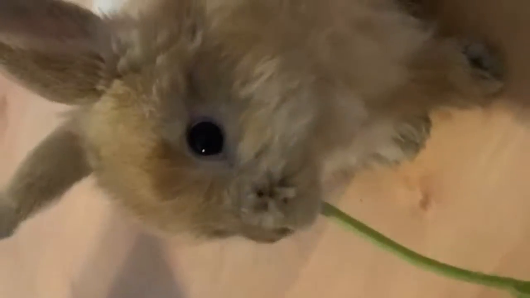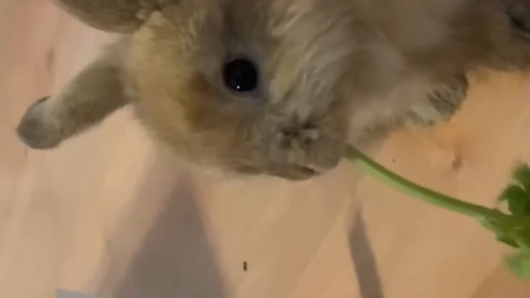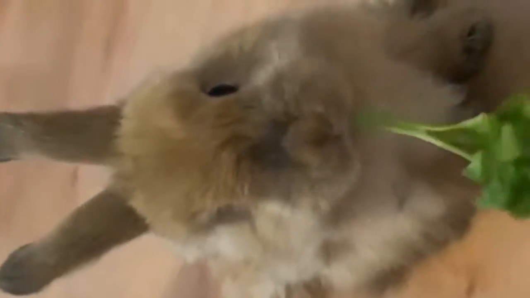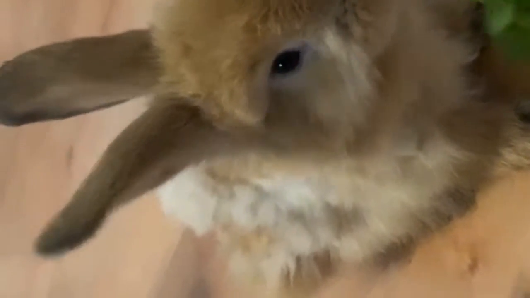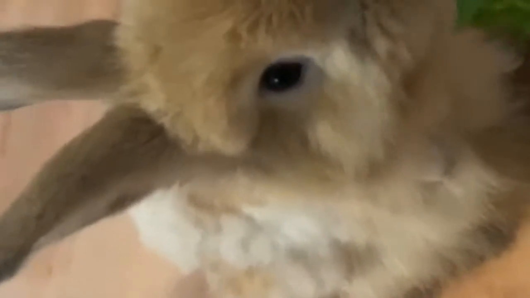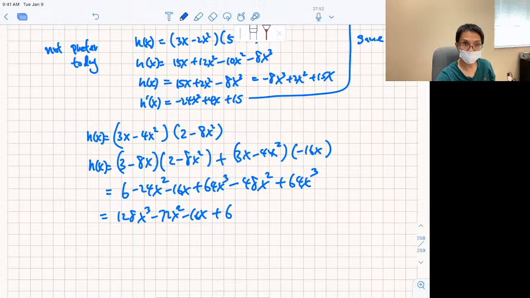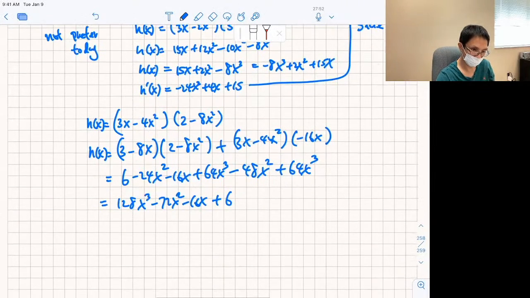So you should get 128x to the third minus 72x to the second and then minus 16x and then plus 6. That's fine? So that's product rule for you.